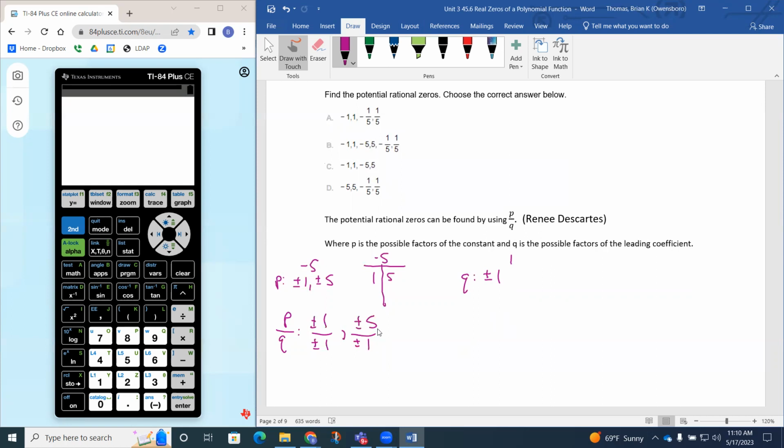Those would be the different ways to write that. If we simplify those down, 1 over 1 is the same thing as 1, so plus or minus 1, and 5 over 1 is just 5, so plus or minus 5. So those would be our potential rational zeros.